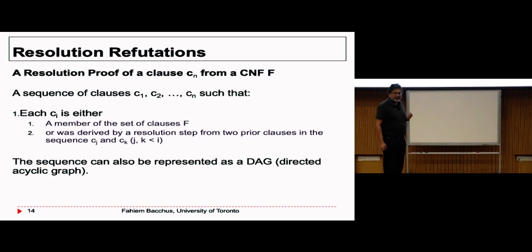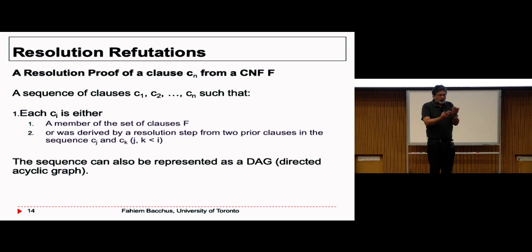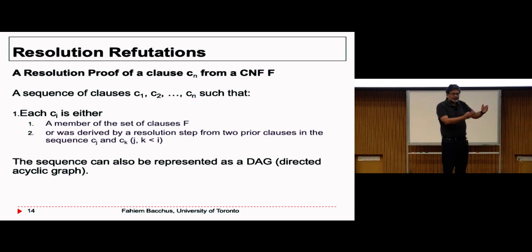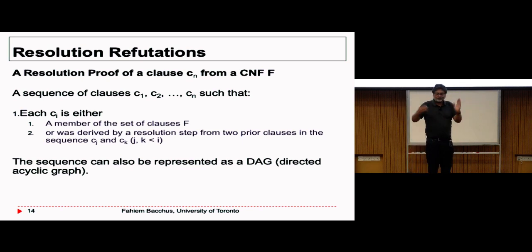Now you can chain steps of resolution together to get a derivation or a proof. You can take a sequence of clauses C1 to Cn, and the property is that each Ci is either an input clause or is a result of having resolved together two prior clauses in this sequence. Such a thing would prove this last clause. So we have a sound sequence of inferences that generates Cn.